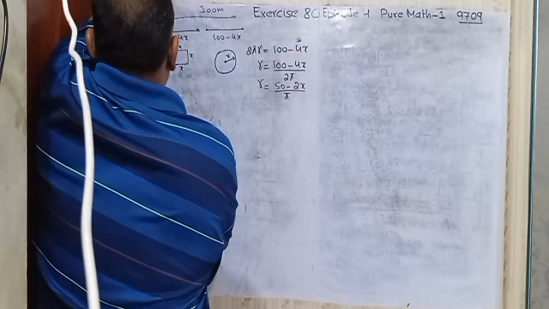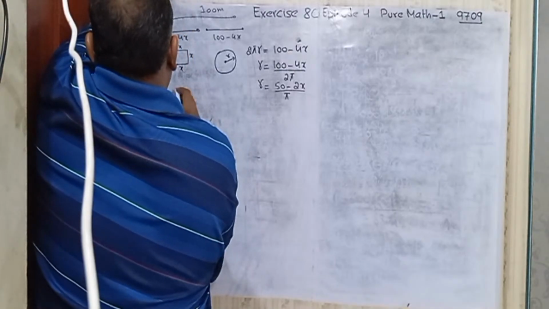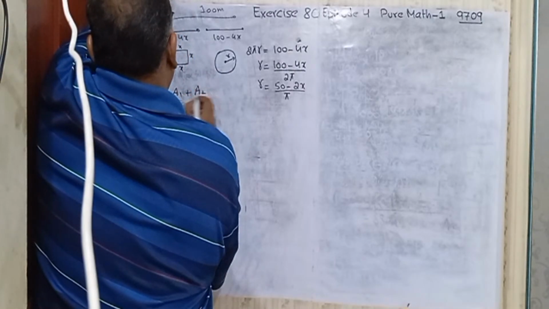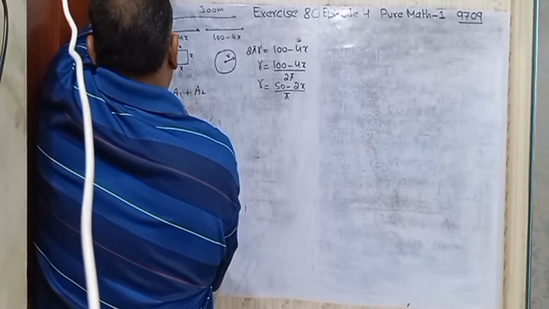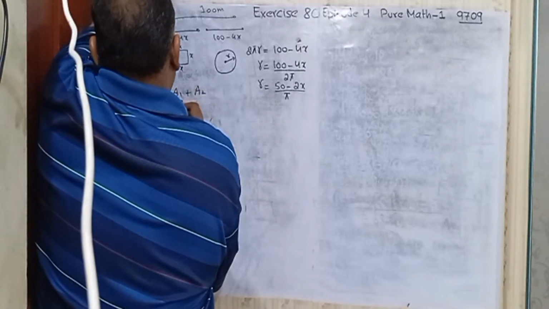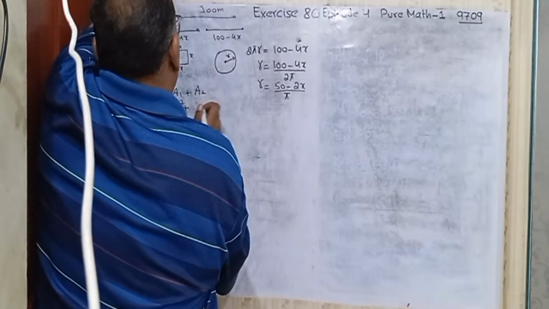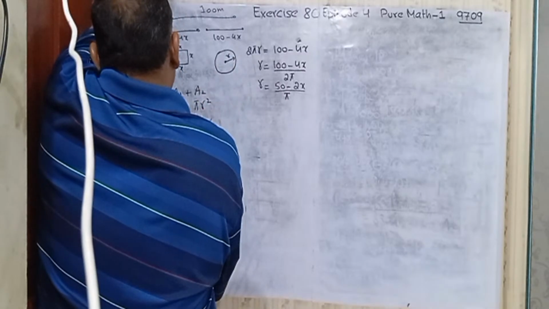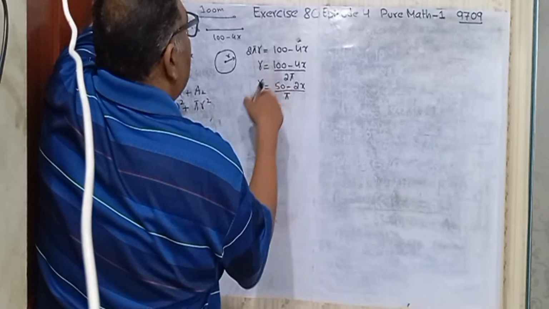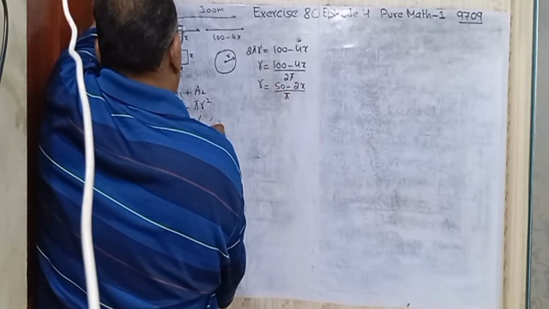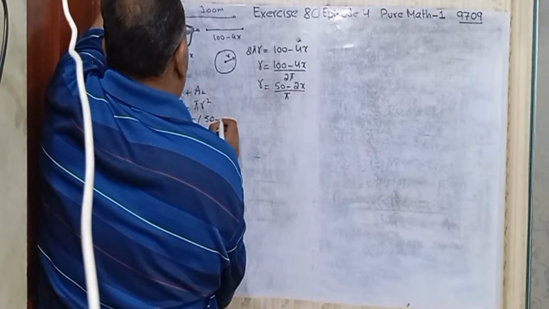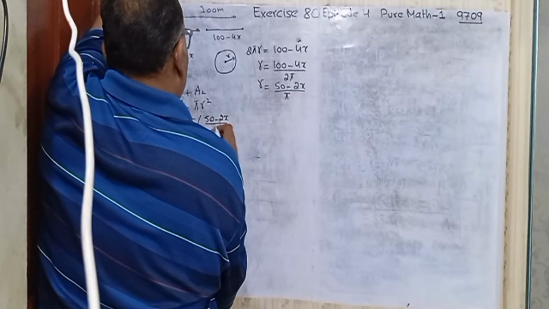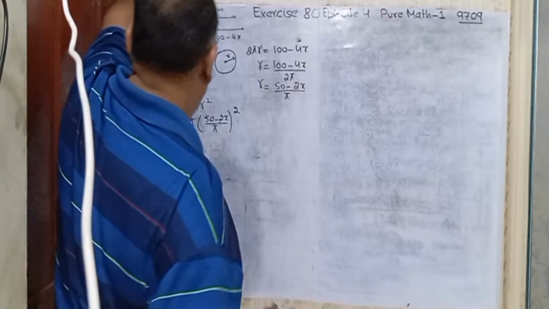The area of the square will be x squared. The area of the circle will be pi r squared. So the area will be x squared plus pi times 50 minus 2x divided by pi, and its whole square.